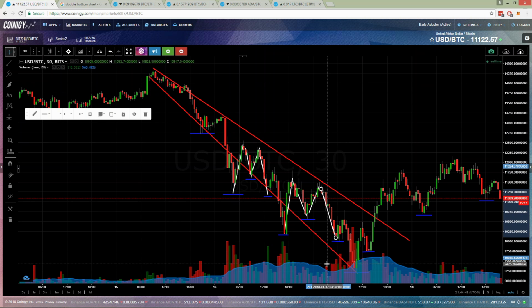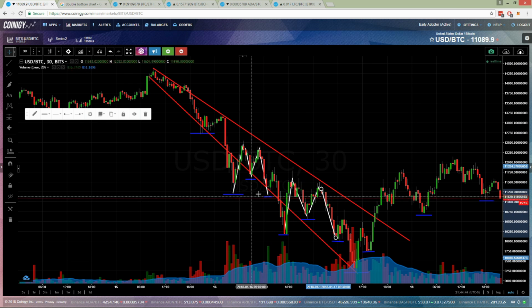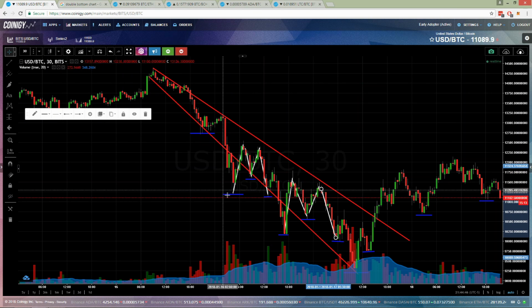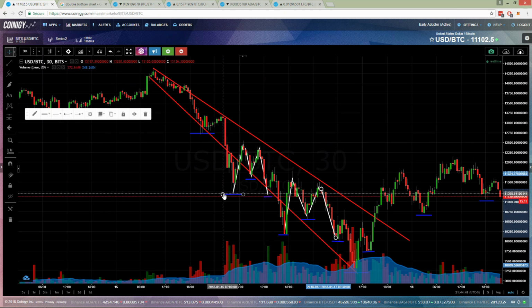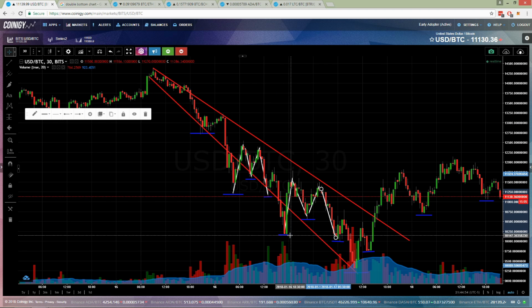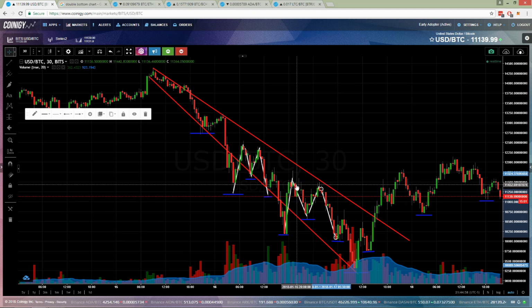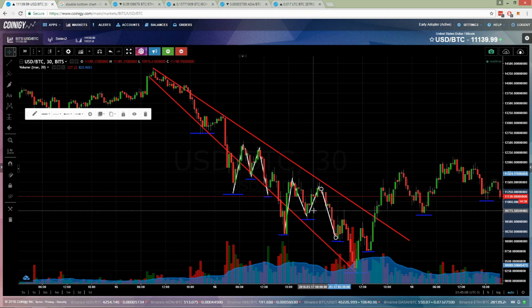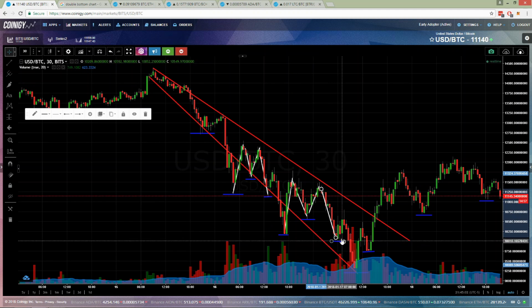Right, so you notice the pattern. You see it trying to form a base here. Doesn't happen. It drops below this support level and then starts to drop even further. It establishes a new support level, a new low, drops back down again, this M pattern.